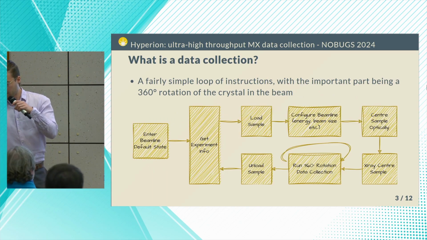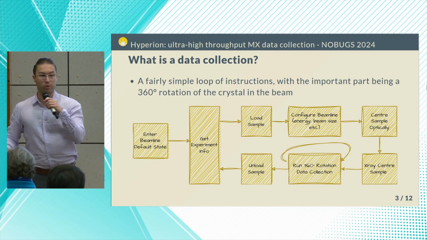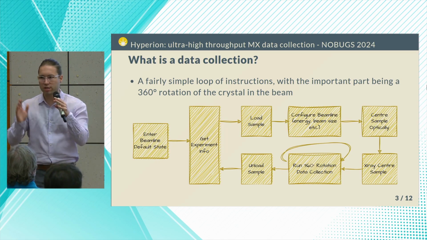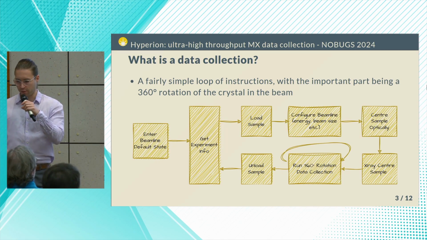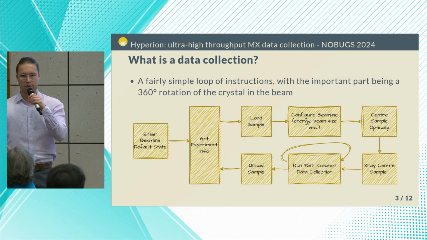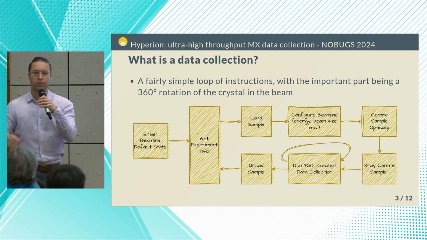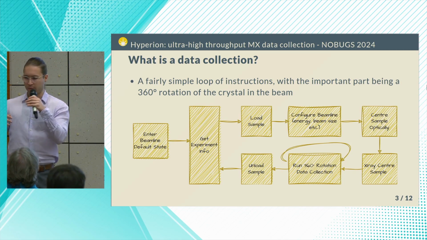So the way that the data collection process works is fairly straightforward. The beamline needs to start in some state where we more or less know how things are. We get the information about what the experiment is that we want to do from the database where the user has submitted it. We get the robot to put the sample on the beamline.